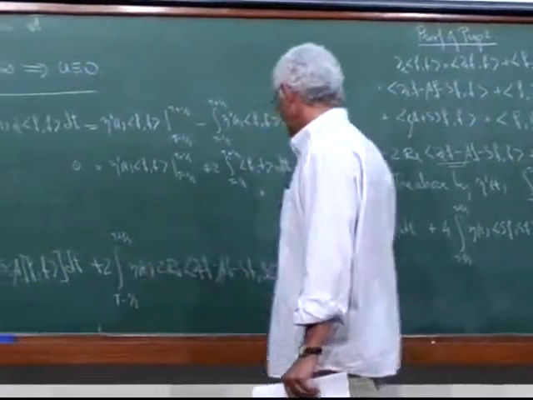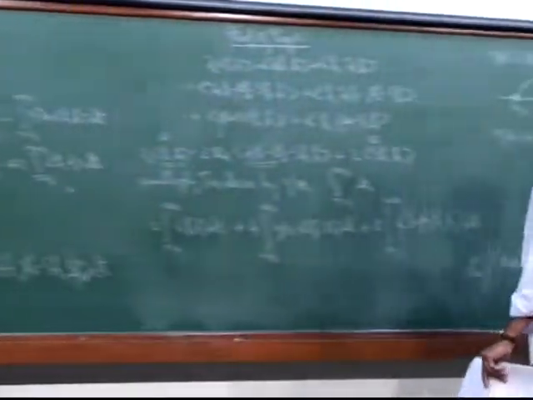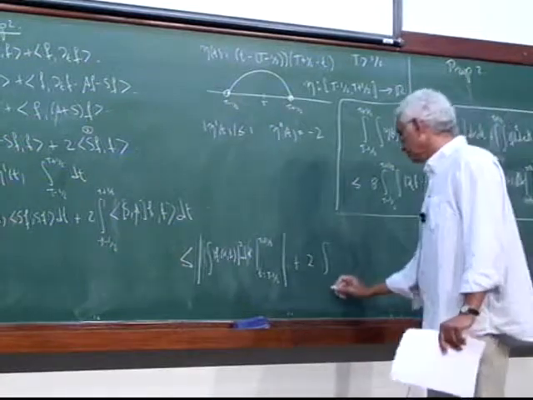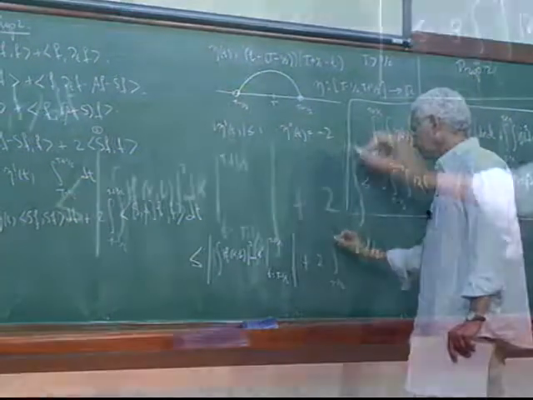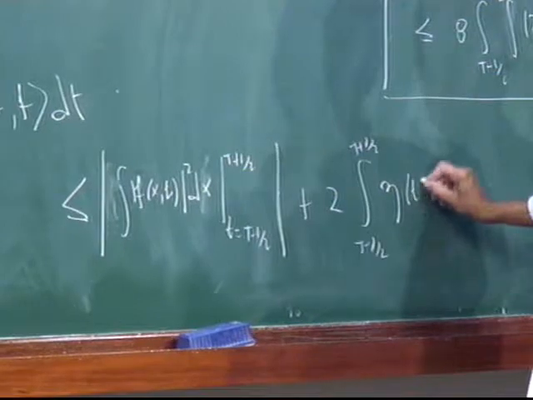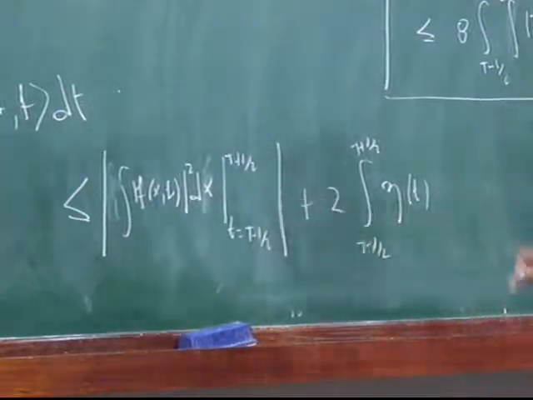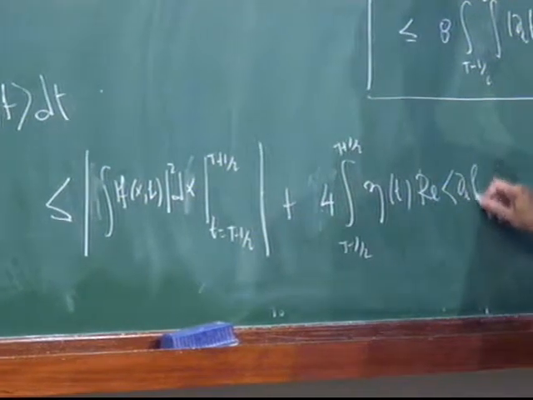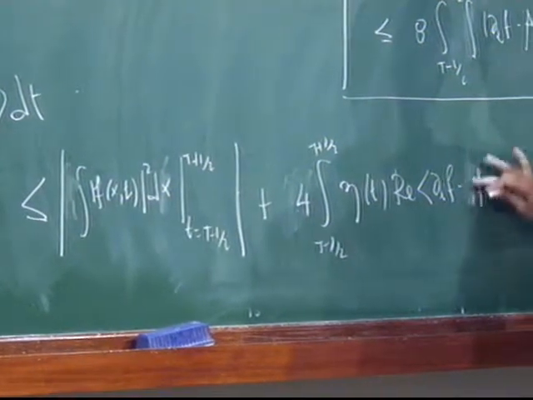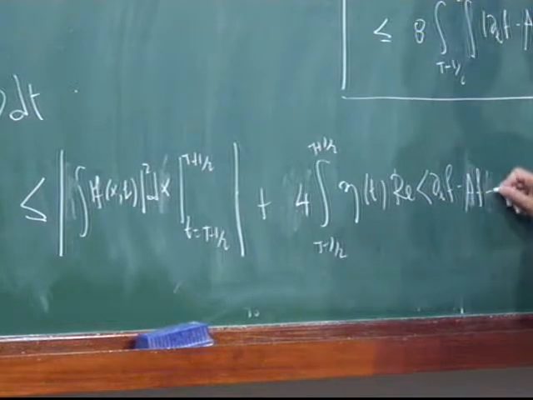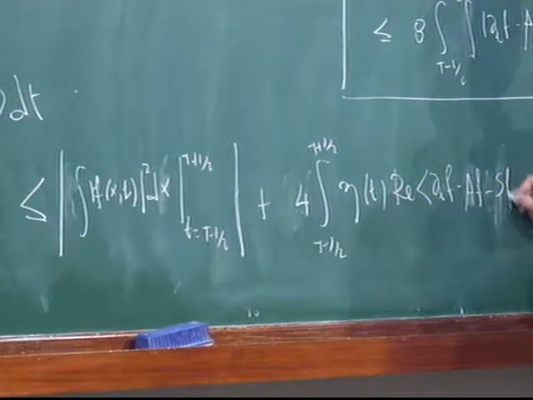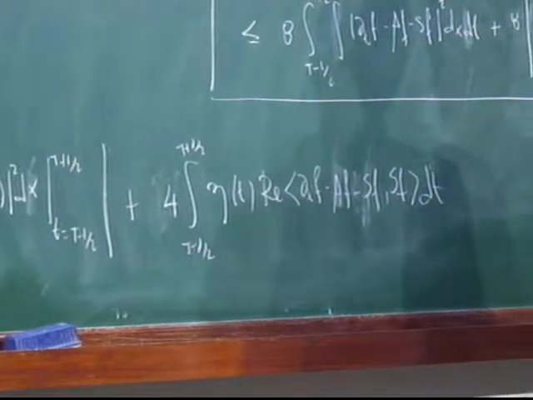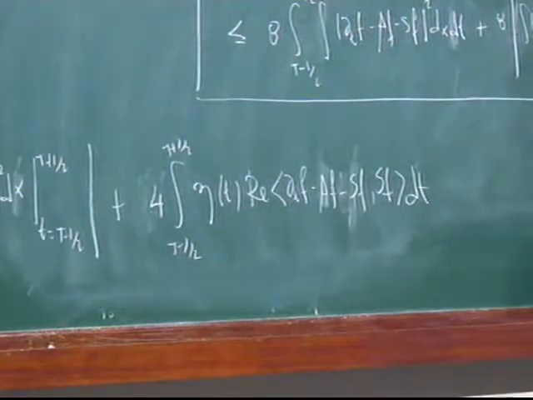We have this term that appears in the other side, plus twice the real. Then we have twice 4 real part of STF minus SF S of F dt. And now we don't need this formula anymore.